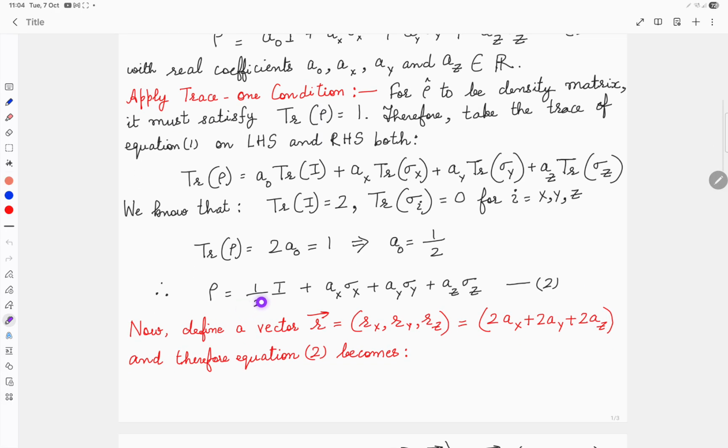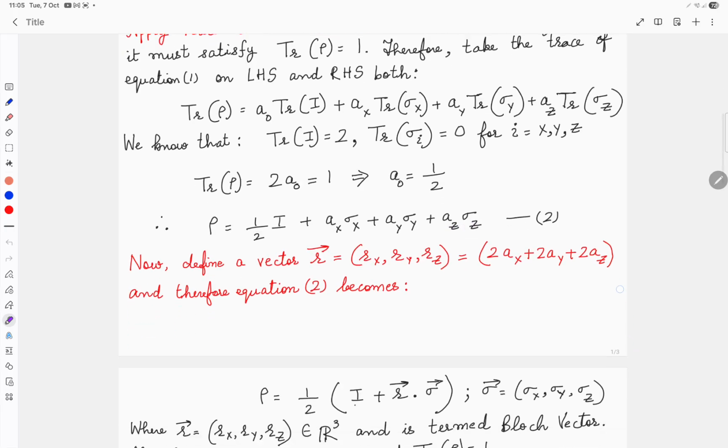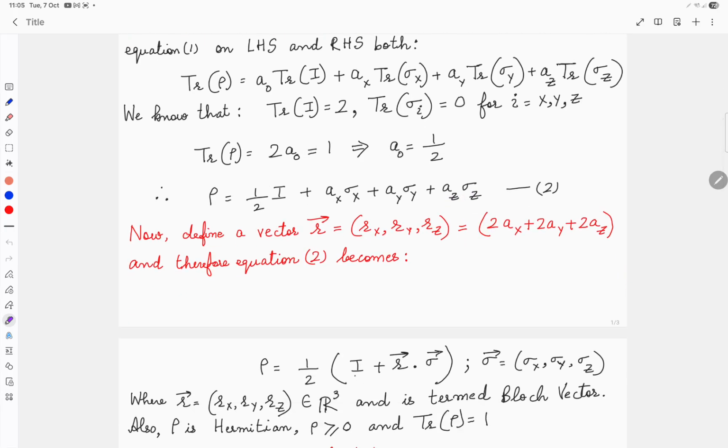And from the trace formula, we have already developed the density operator equal to 1/2 I. And if we take 1/2 outside and put a bracket and take every other item in the bracket, in that case we will get 2ax sigma x, 2ay sigma y, 2az sigma z. So that is why I have defined this R vector as 2ax, 2ay and 2az. In that case, I have also defined sigma.